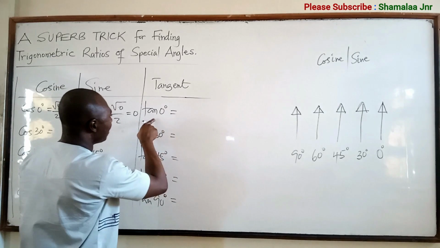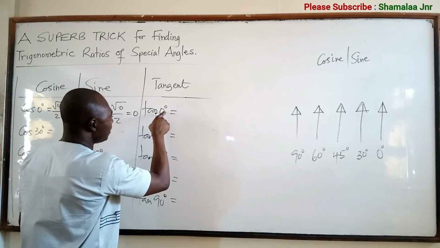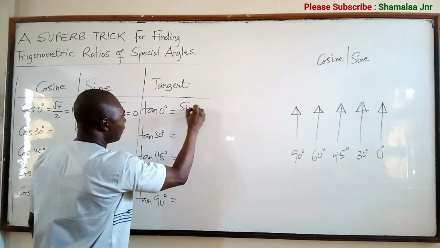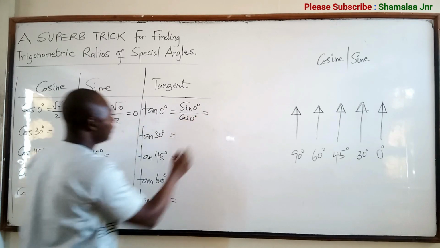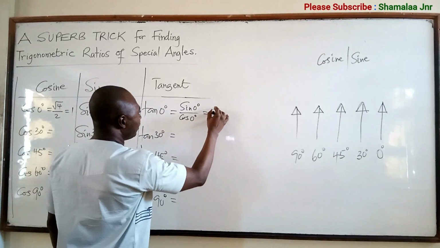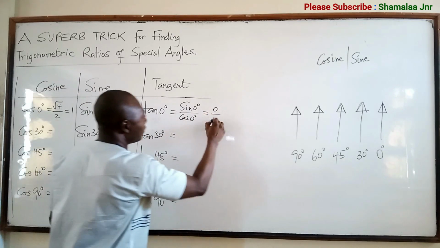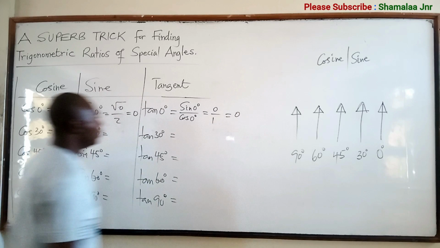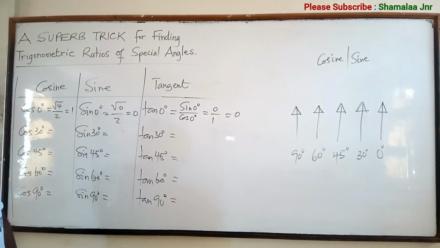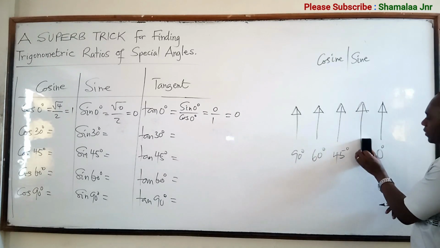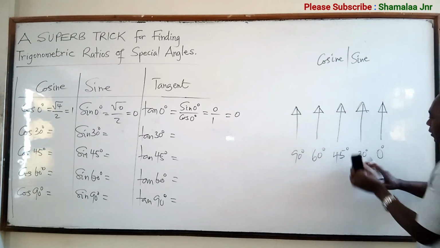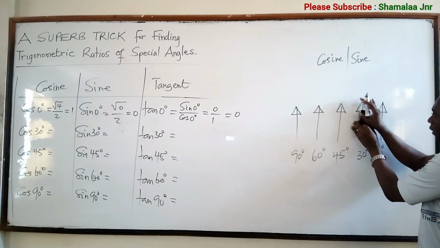So tan 0 degrees is equal to sine 0 degrees over cos 0 degrees, and sine 0 is 0 divided by 1, which is equal to 0. So it means that tan 0 degrees is equal to 0. Now, viewers, let's look at the next one, cos 30. So I'm going to cover this arrow.